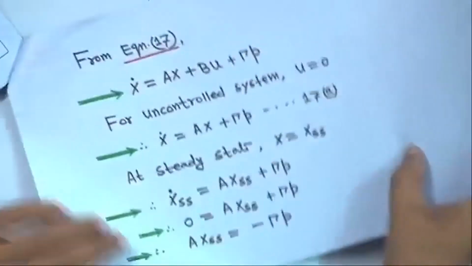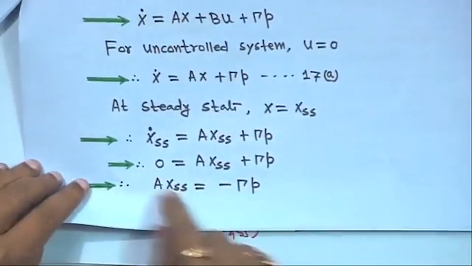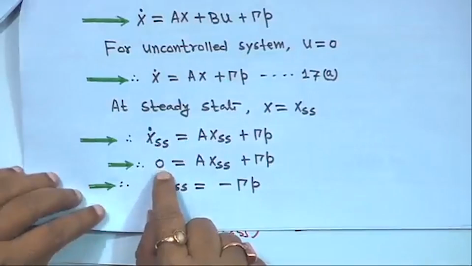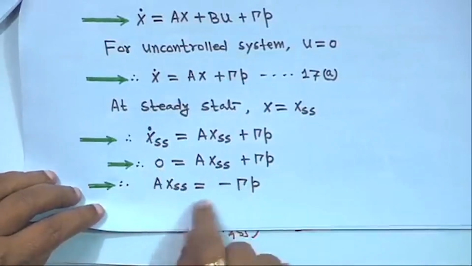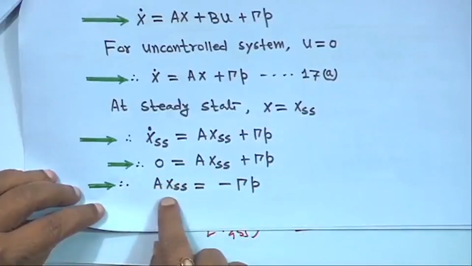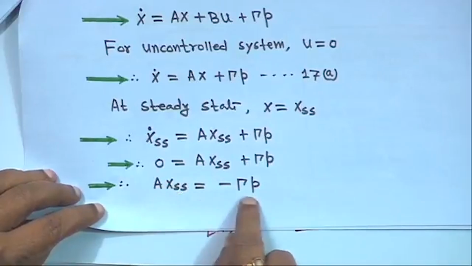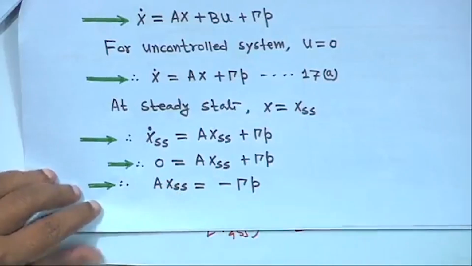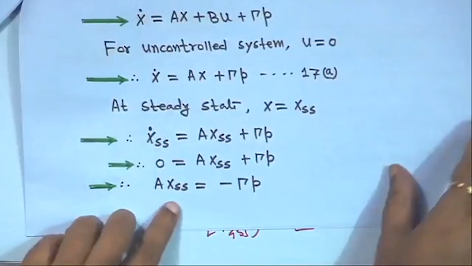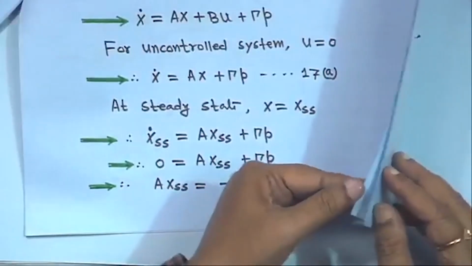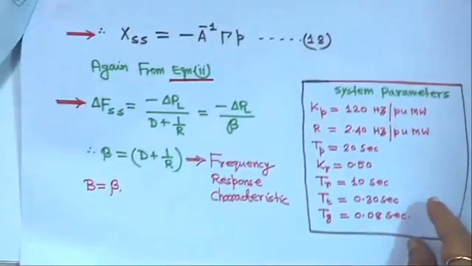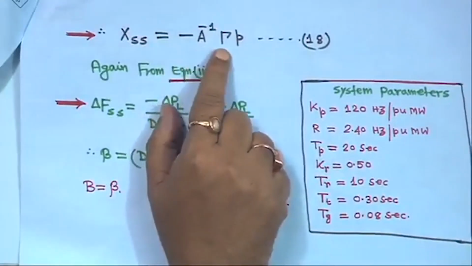So that is why x s s dot is equal to 0. You put this in, that means a x s s plus gamma p is equal to 0. That means a capital X s s is equal to minus gamma p, so x s s is equal to minus a inverse gamma p.